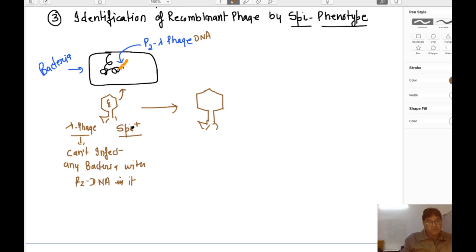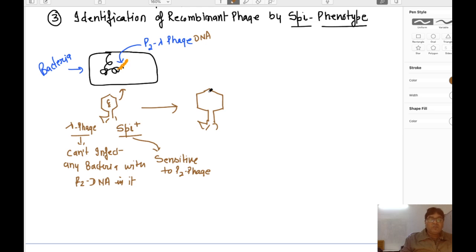It is a strain of the phage that is sensitive to P2 phage. That means if a bacteria already has a P2 lambda phage, then this lambda phage will be sensitive to this bacteria. It cannot infect this bacteria. That's why I call it SPI positive.